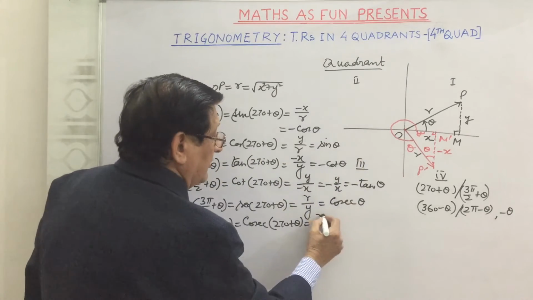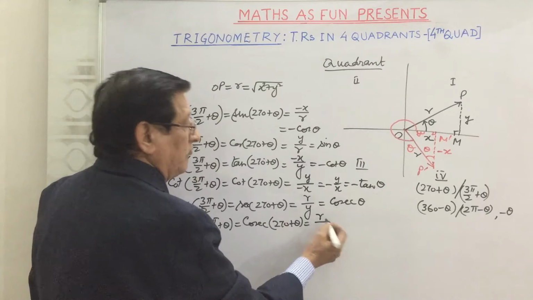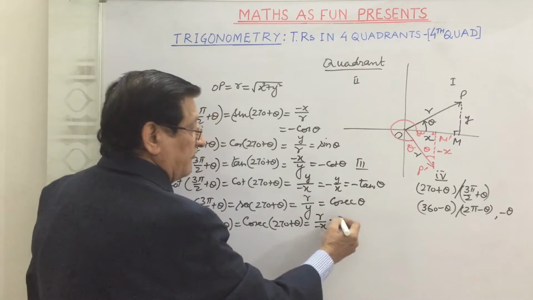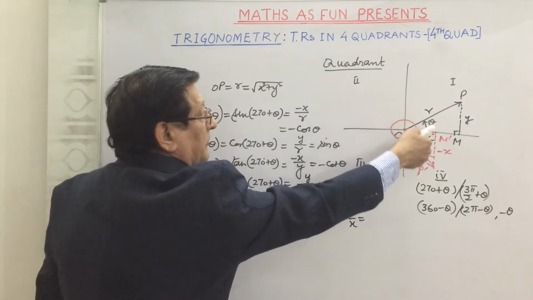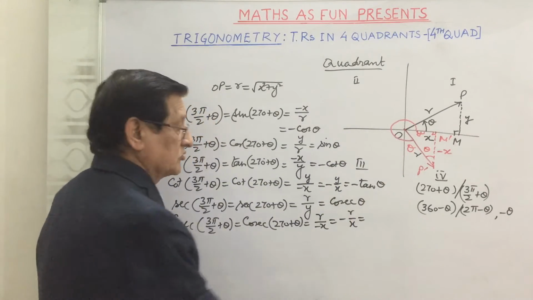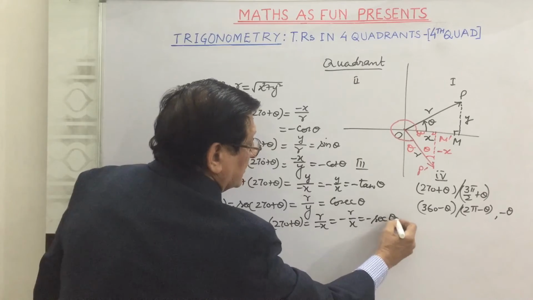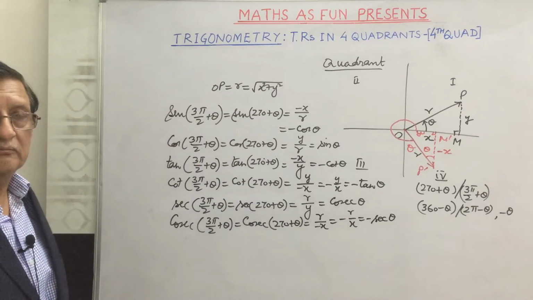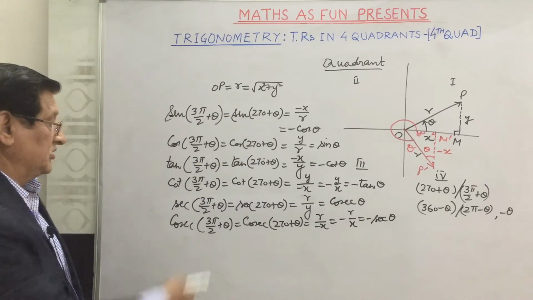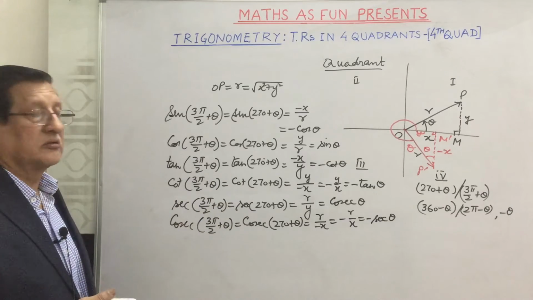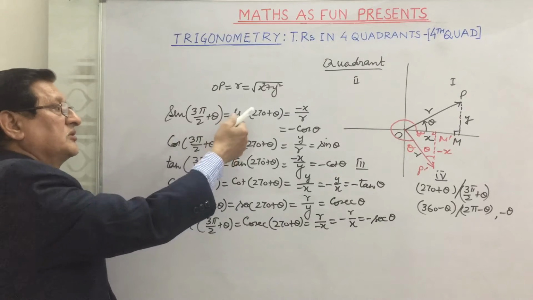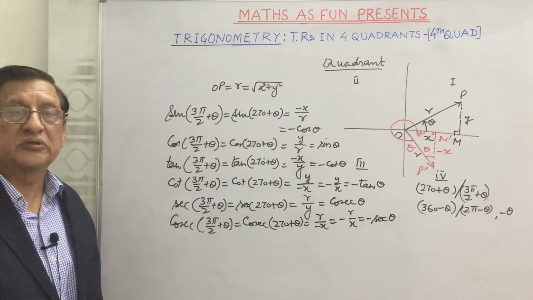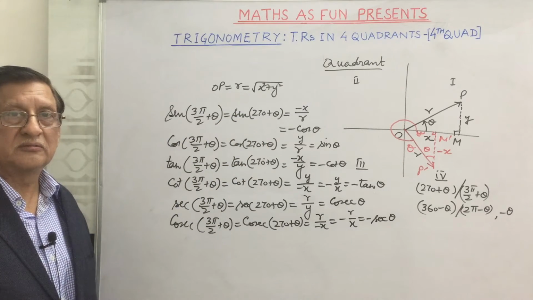Hypotenuse here is r, perpendicular is minus x, so this is minus r upon x, and from here r upon x is sec theta. So this comes as minus sec theta. This is the way we can find all the trigonometric ratios for 270 plus theta, and in 270 plus theta also we find that the trigonometrical ratios are interchanging.